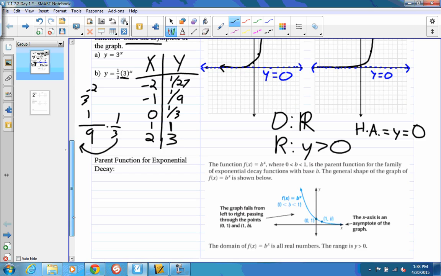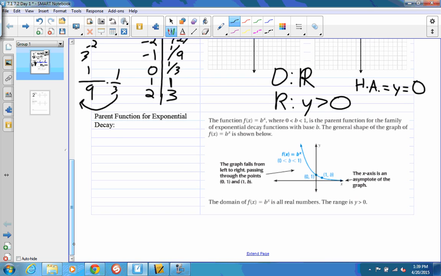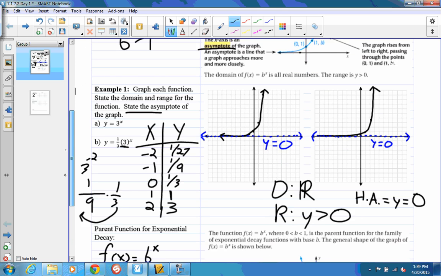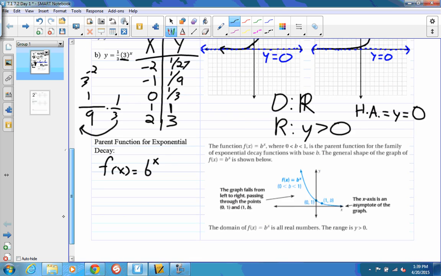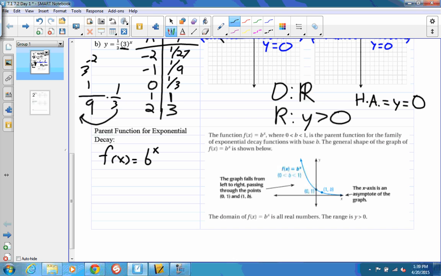Exponential decay. We notate it the same way, guys. f(x) = b^x. That's exactly the same as exponential growth, right? Just a number raised to my exponent, which is a variable. But here, b has to be between 0 and 1. Notice that this is where it can get a little confusing.